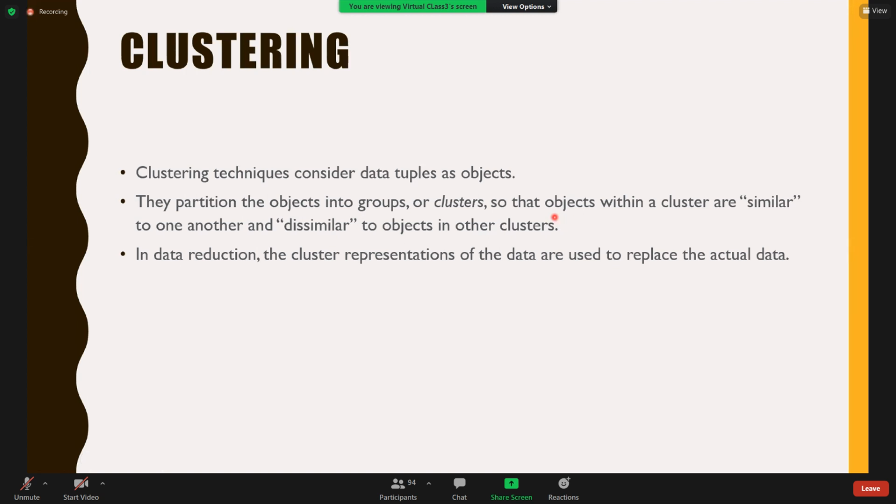After creating the clusters, after grouping the related data, we select one representative from each cluster. For example, if a cluster consists of 10 objects, among those 10 objects we select one as the cluster representative. The cluster representations of the data are used to replace the actual data.